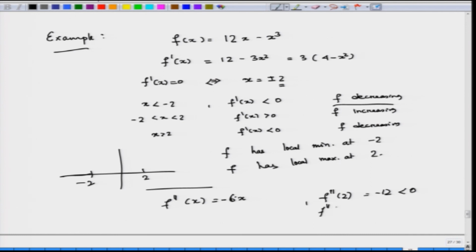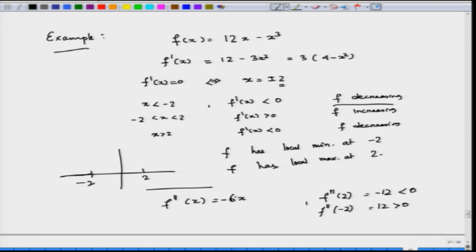Now, f double prime of minus 2 is equal to 12, which is positive. So, at minus 2, it is going to have a local minimum. So, this is very handy if one goes to the second derivative test.